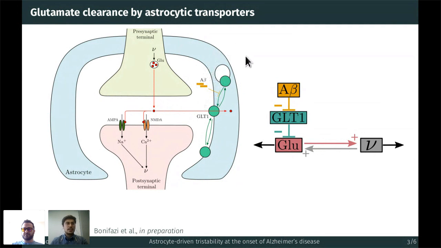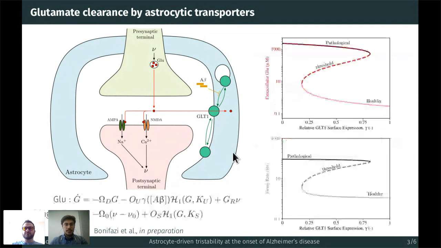You can understand that if amyloid beta reaches values that are too large, it can decrease these transporters below a certain threshold. And so this may result in a pathological condition because of too much glutamate in the synaptic cleft. This pathological condition is usually also referred to as excitotoxicity.